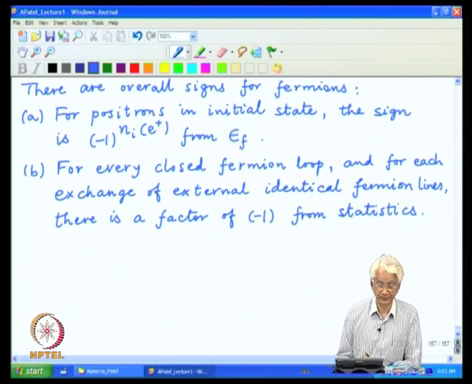So, these are overall signs picked by the various conventions which we have used.